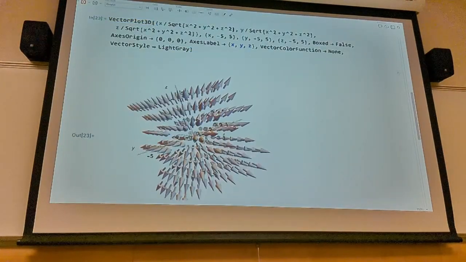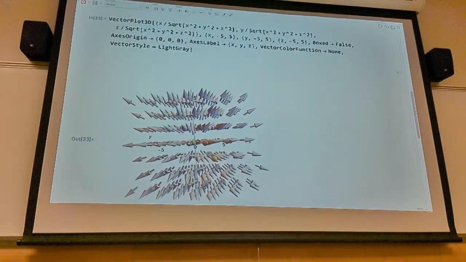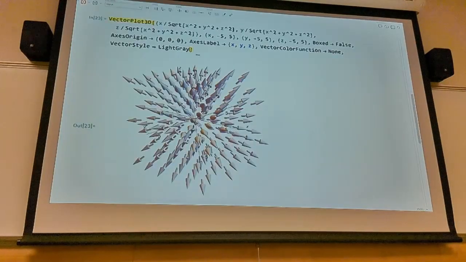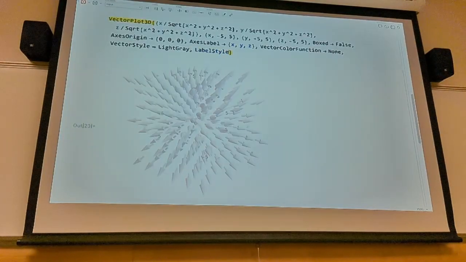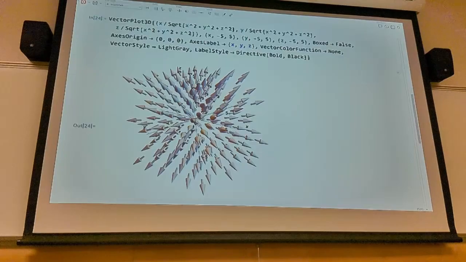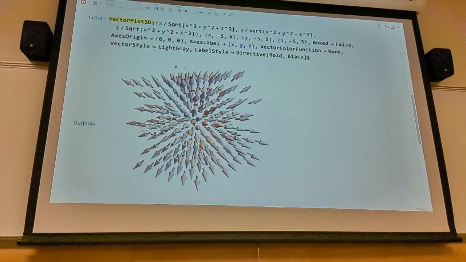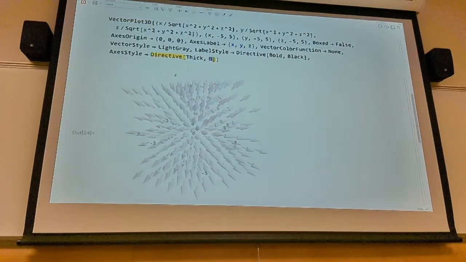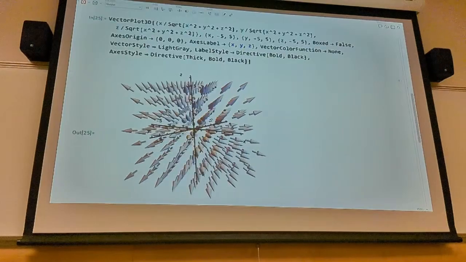Make it so it's not really so like color popping. I think I can do the same thing with the axis style. Yeah, try and make the axes stick out a little bit better.